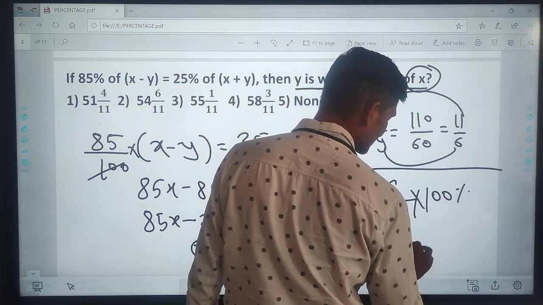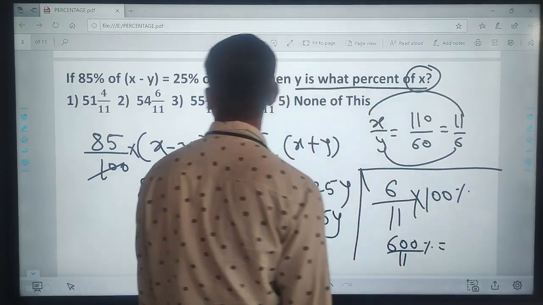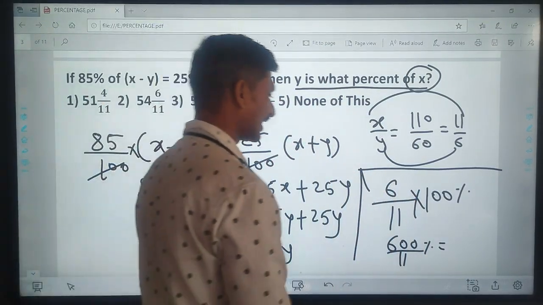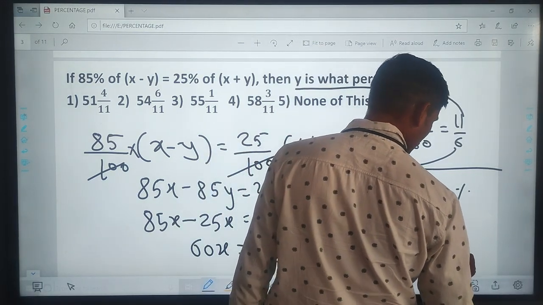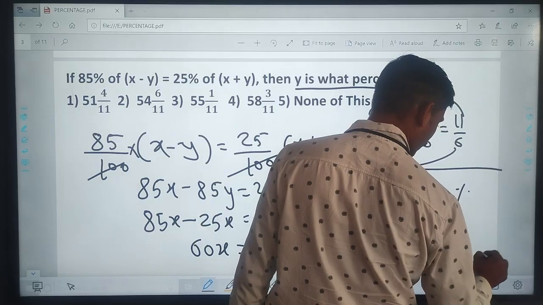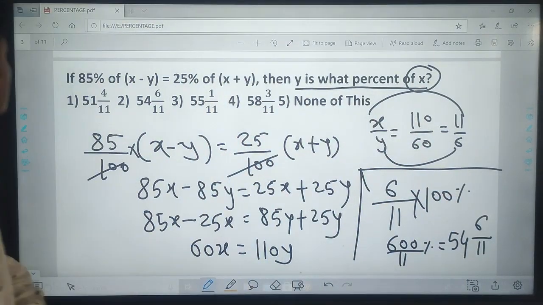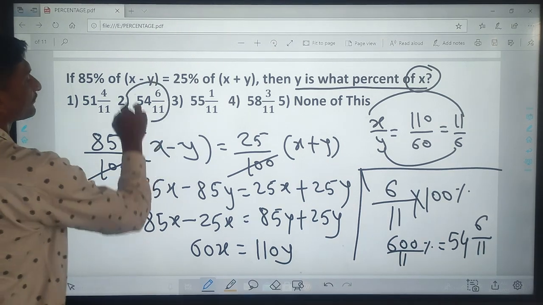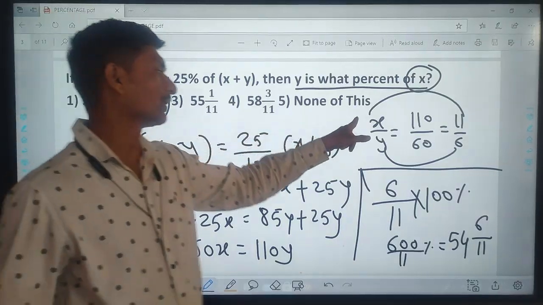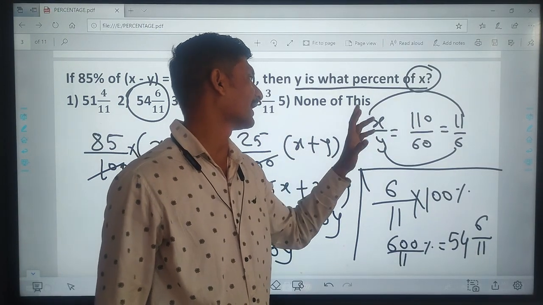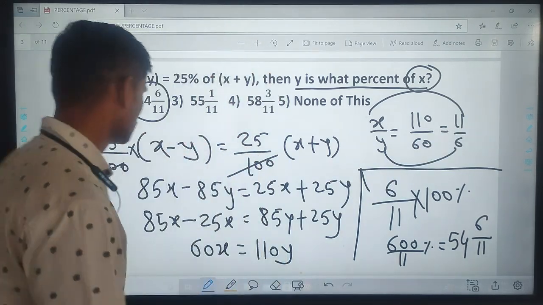That is 600 divided by 11%. 11 5 is 55, remains 5. 11 4 is 54, remains 6. This is your answer. Here we find x upon y directly, and then directly take x is equal to 11, y is equal to 6.